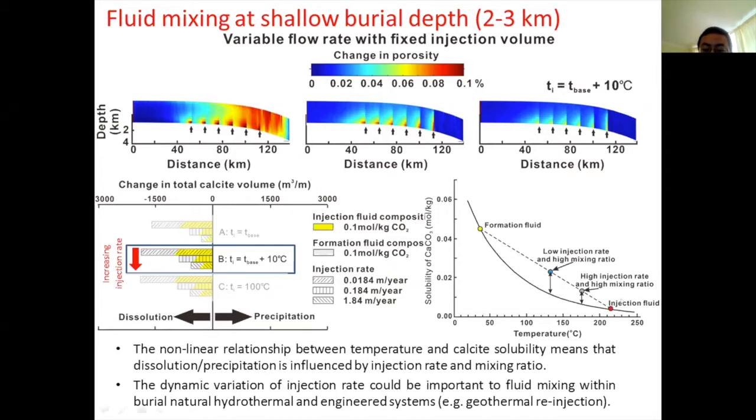If we inject at a higher rate, it will extend to a large area, but the injection flow has a low ratio compared to the formation flow. So this gives a lower calcite solubility on the saturation degree.